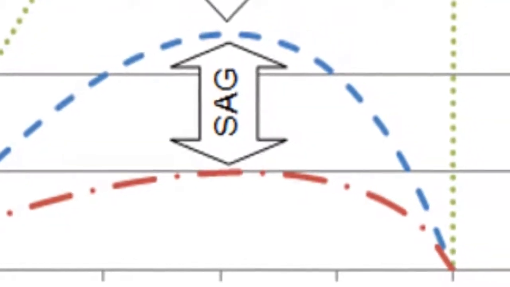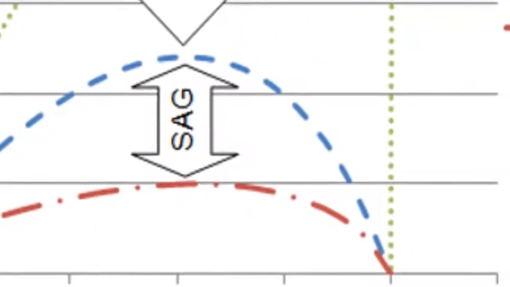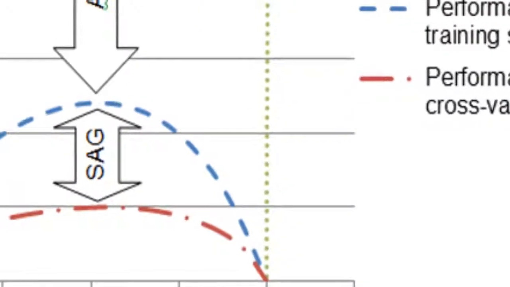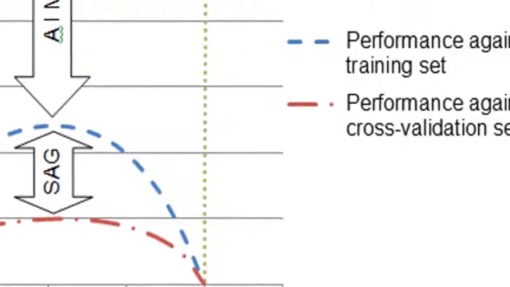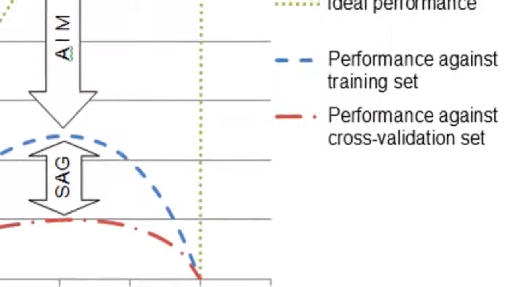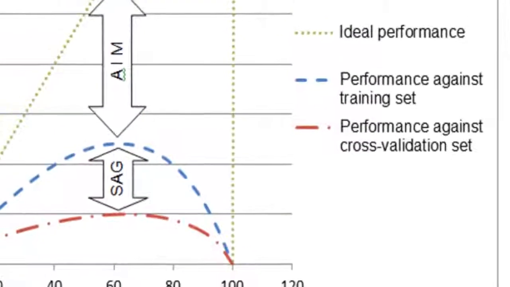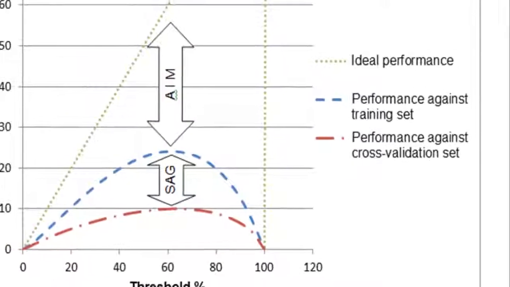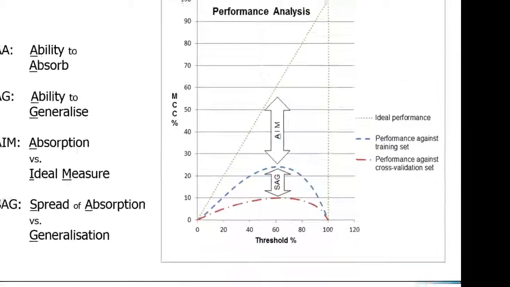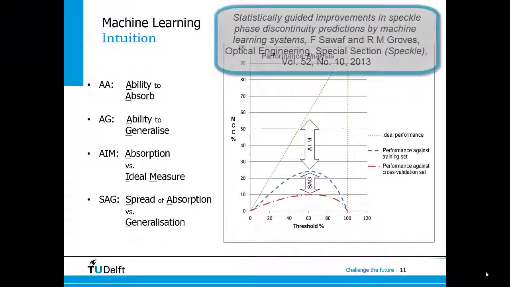So that's what you need to do first. It's only when the performance against the cross-validation set is really pushing right up against the performance against the training set, and you have no more to do in that area, that the only thing holding you back is the number of neurons in the hidden layer, and it's at that point that you want to consider increasing the number of neurons. So I think that was the second question.